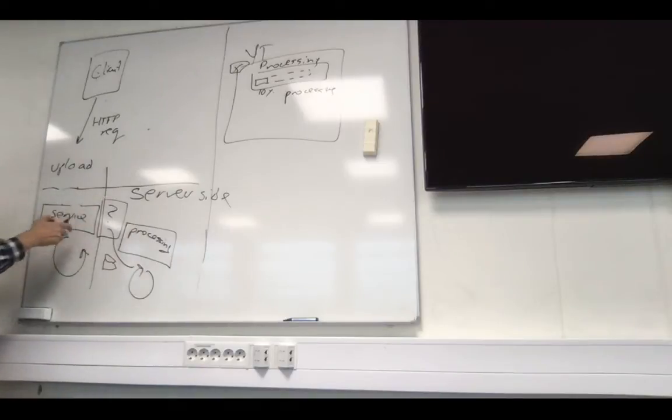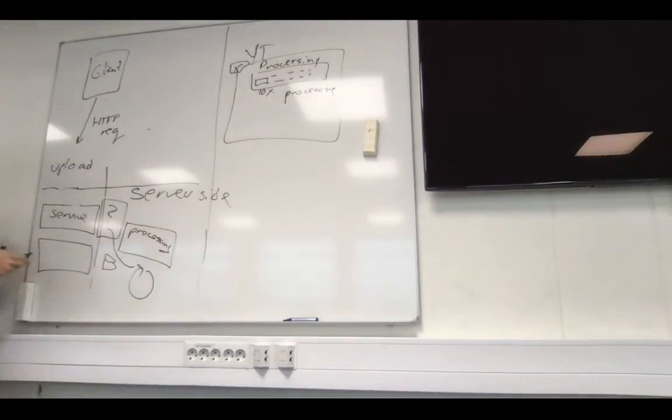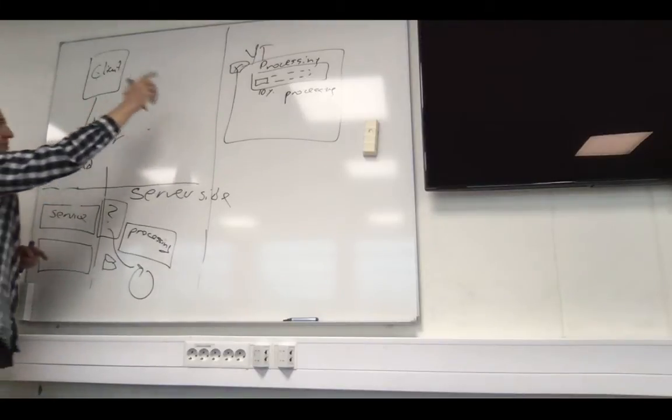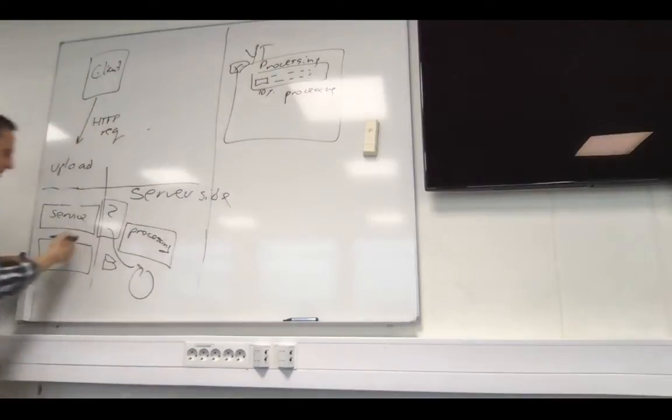So I may have another service which is responsible for notifying the user how far along the way we are, right? If I close the window and go to this page again, I will see the UI telling me how far I am.